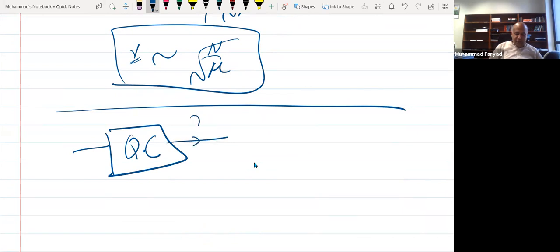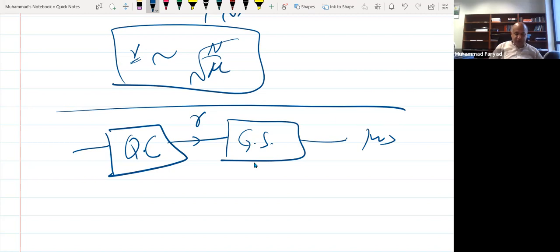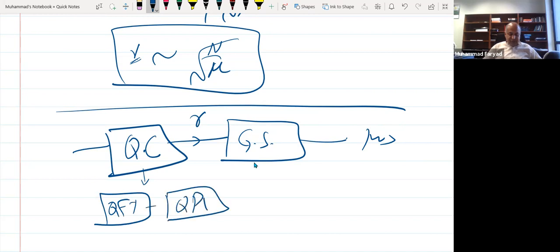This algorithm will give us R, and then we will use it to run the Grover search algorithm, and then we will be able to find w. So there are going to be two successive applications. And this quantum counting algorithm we will study after studying the quantum Fourier transform and quantum phase estimation algorithm, because it's based on these two.